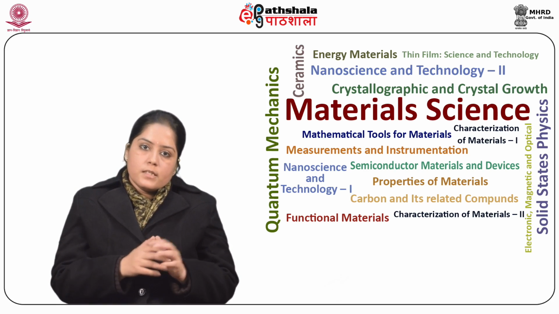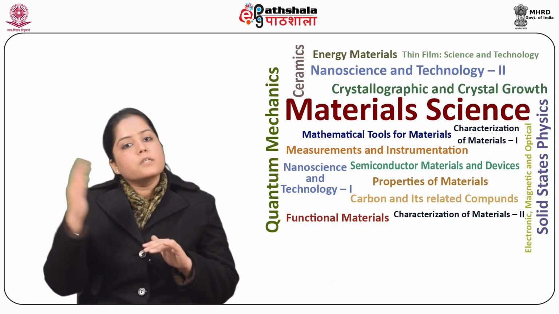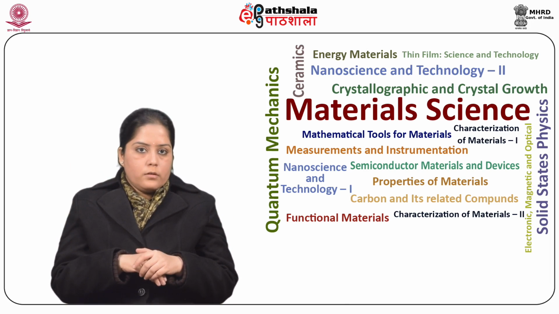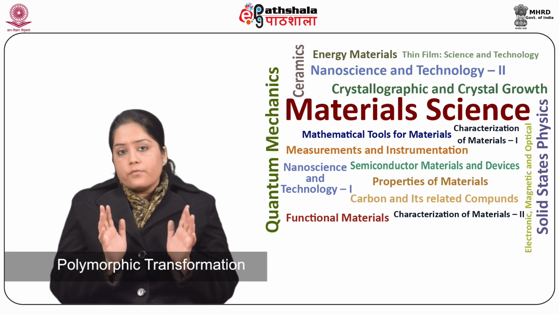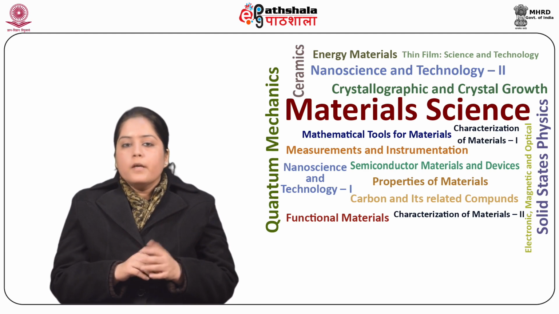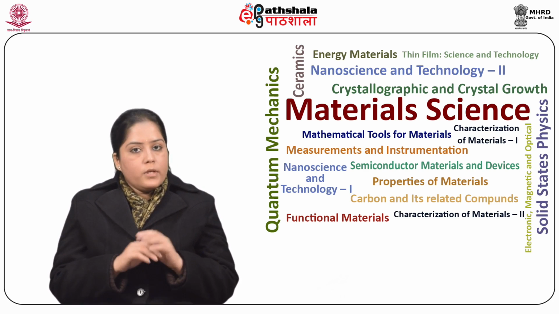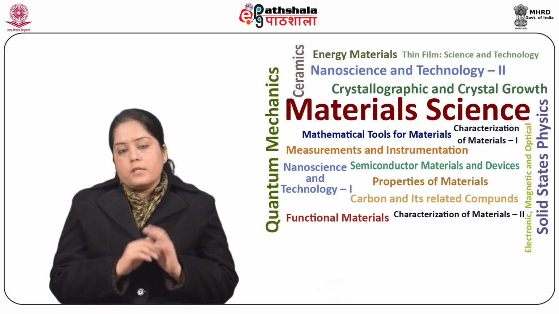Variation in the density and other physical properties at higher temperature and external pressure results in polymorphic transformation. Uranium, plutonium, and thorium show polymorphism characteristics.